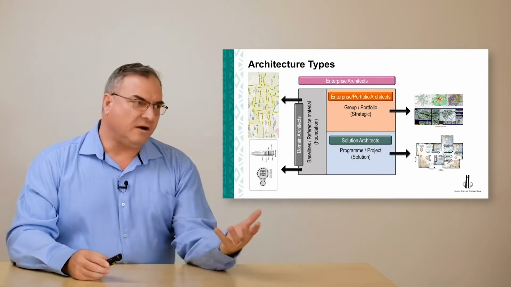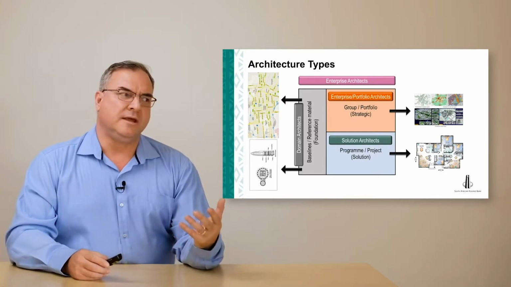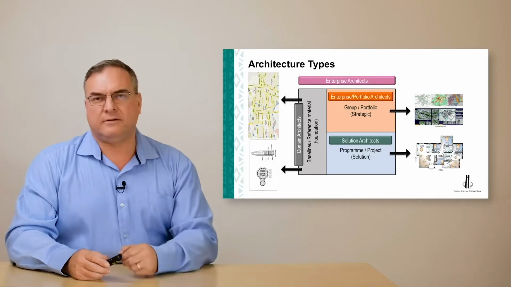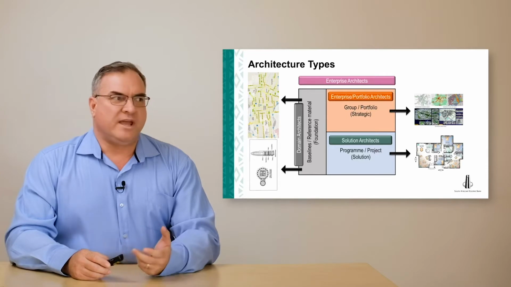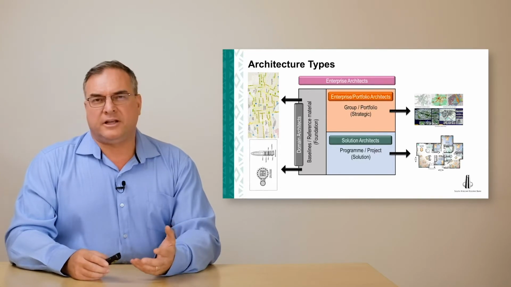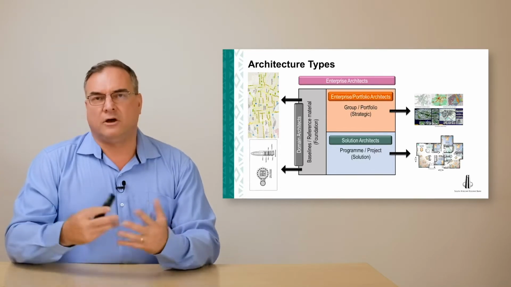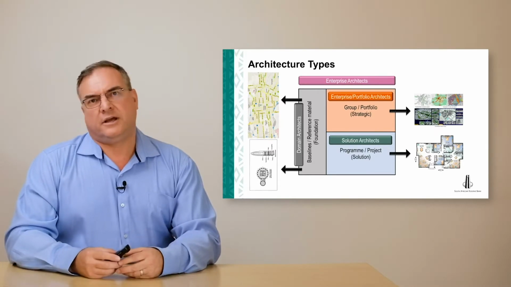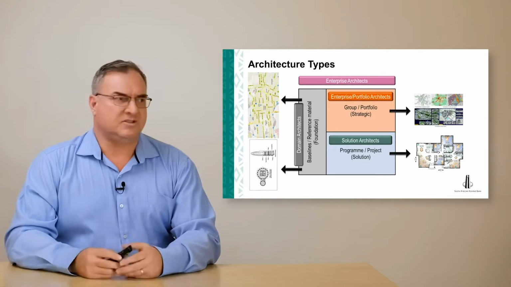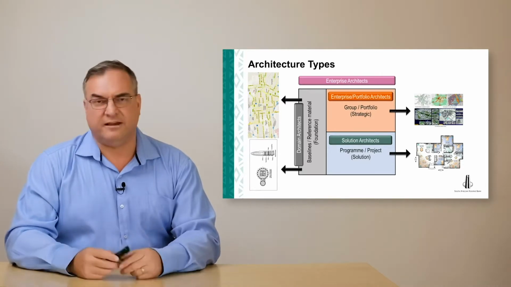Some of our domain architects focus on the baselines and the reference material, some of which I'll elaborate on as part of the city plan. We have our enterprise and portfolio architects who focus on the strategic intent, the long-term perspective. And then we have solution architects focused on key programs and projects at a solution or capability level.